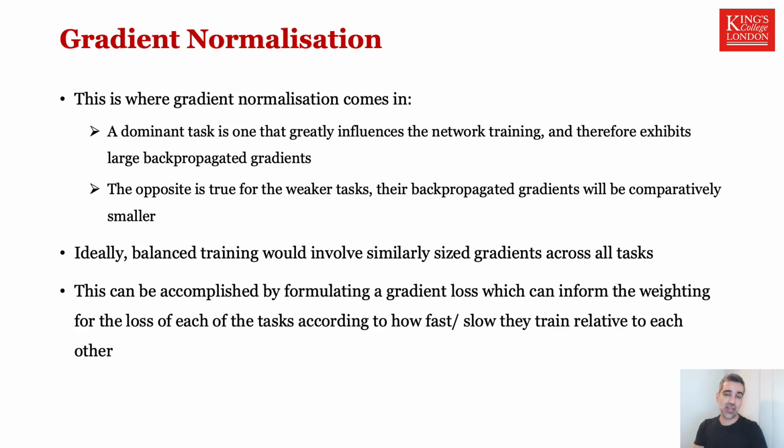So rather than balancing the actual numerical value of the loss itself, what you can do is to actually look at the gradients and make sure that the scale or the norm of the gradients is the same between all of the tasks. So you want all the tasks to contribute the same degree from the point of view of the optimization. So you want the gradient to be of the same scale.